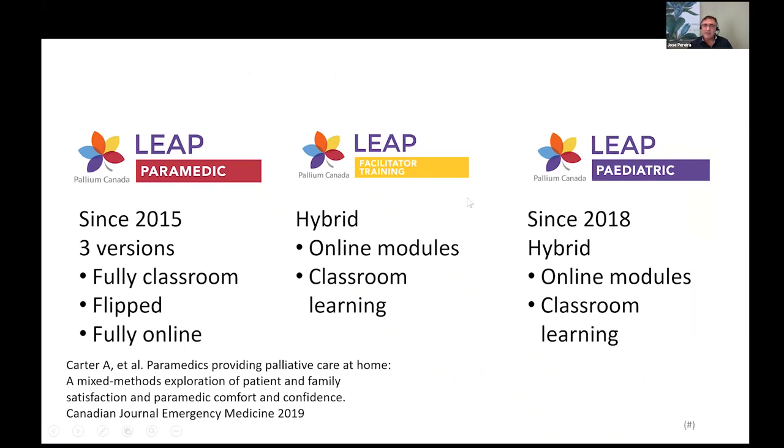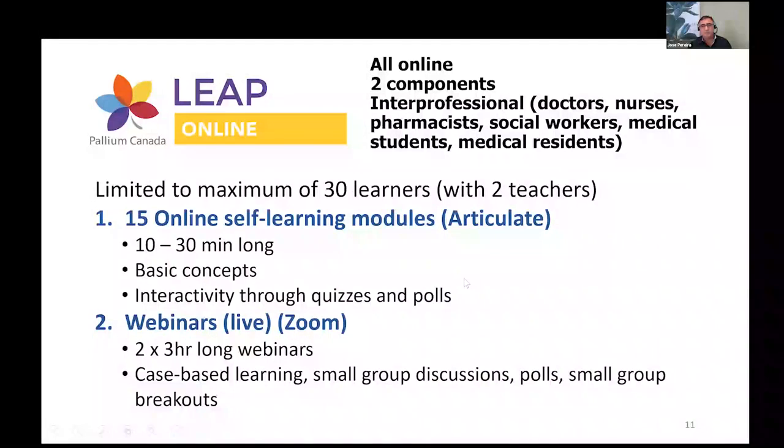Our LEAP Pediatrics and LEAP Train the Trainer program have also been hybrid and flipped learning for a while. Our LEAP Online, which we are now using a lot with the medical students during this virtual switchover pivoting, consists of 15 online self-learning modules. Each one takes about 10 to 30 minutes long.